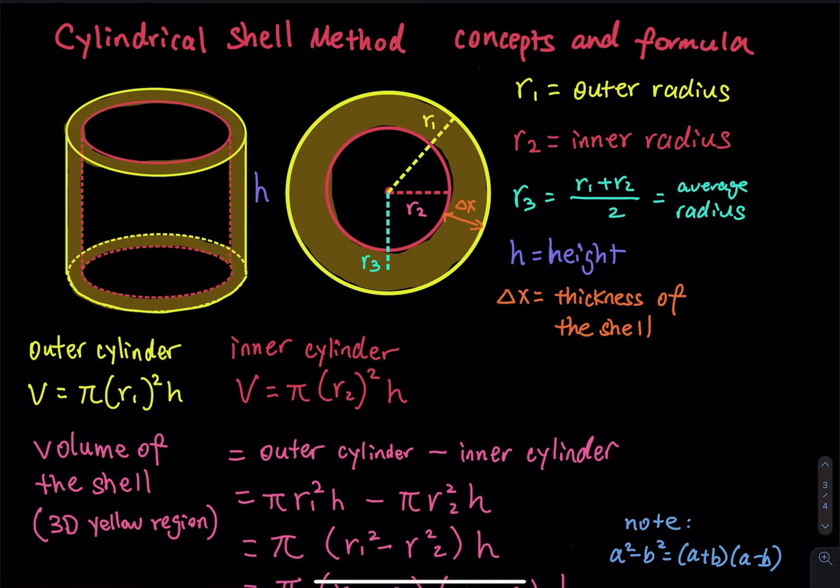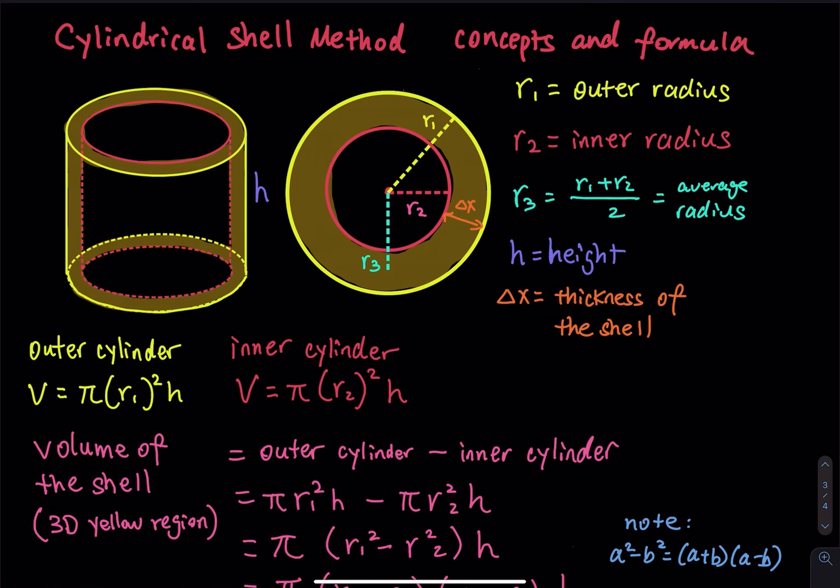Simply speaking, first you find the volume of the yellow cylinder, and then you find the volume of the red cylinder. The yellow is big, the red is small, and in order to find the shell between the red and the yellow, you use the big volume minus the small volume. So basically you have one large yellow cylinder, and then you scoop out the center, which is the red cylinder in the middle, and then the leftover is the shell. So that's how you do it.